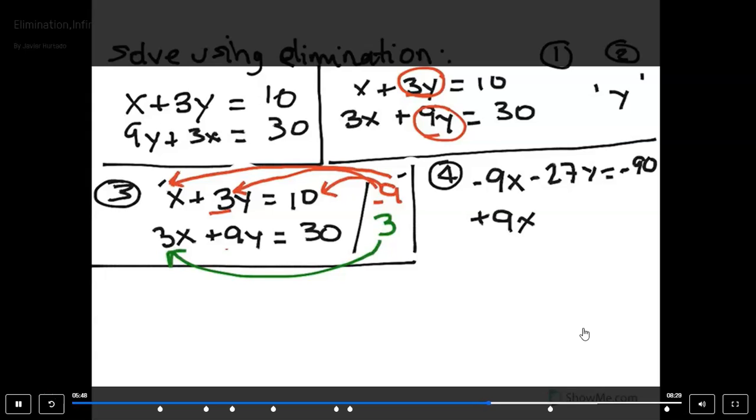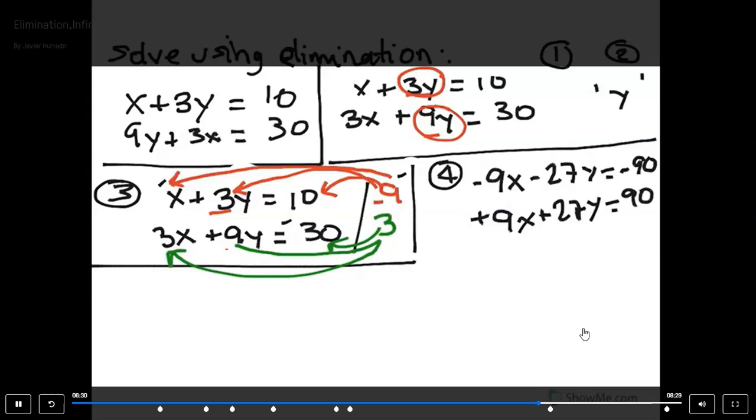Then positive 3 by positive 9 is going to give me positive 27y, equals, because that's the equal sign that is coming next, and then 3 times 30 gives me positive 90.